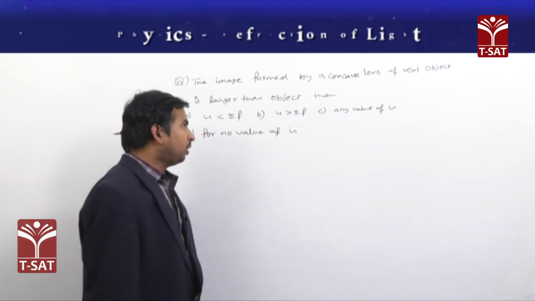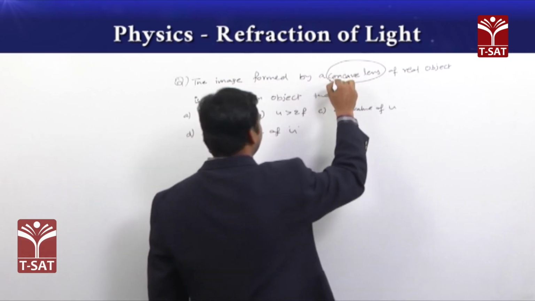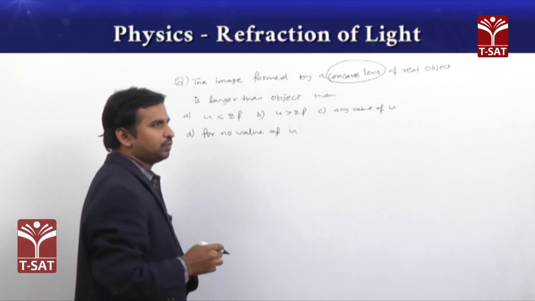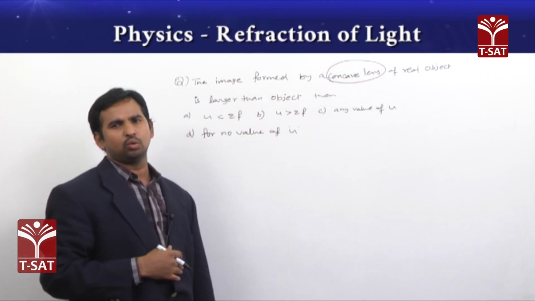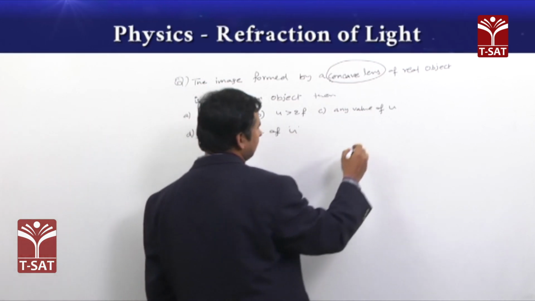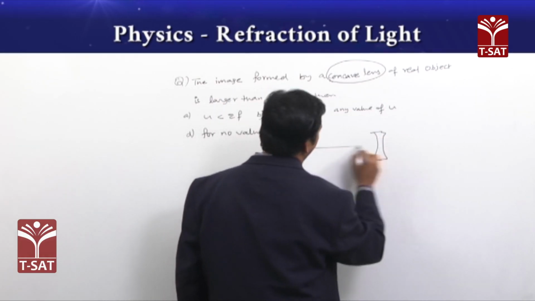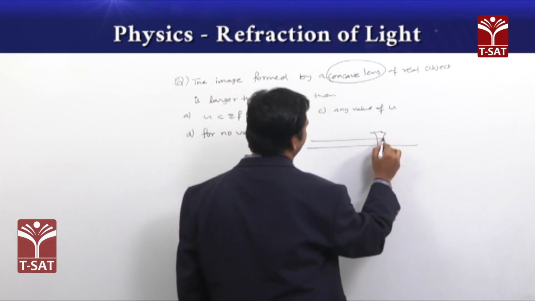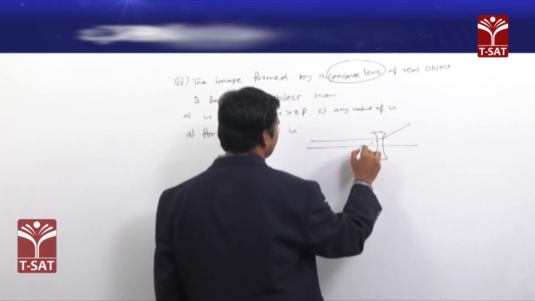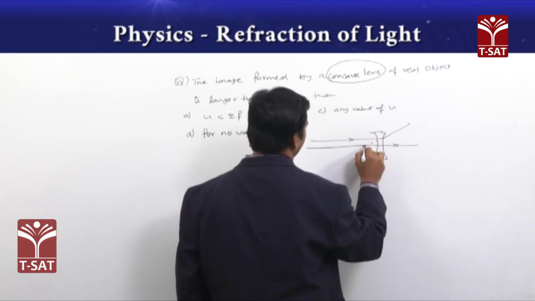But if you see the ray diagrams for a concave lens, we have only two ray diagrams. When the object is at infinity, the image is a virtual image formed on the same side, at the focus.